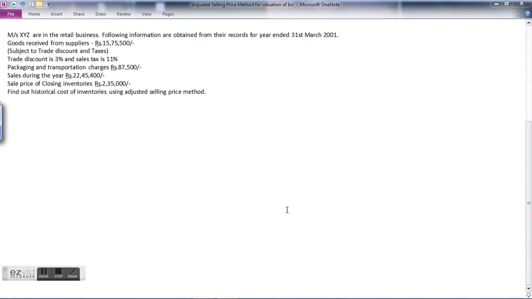That means the adjustment for trade discount and taxes is not made in this. Then trade discount is 3% and sales tax is 11%. Then packing and transportation charges of rupees 87 500. So this is packing and transportation charges of purchases, correct?